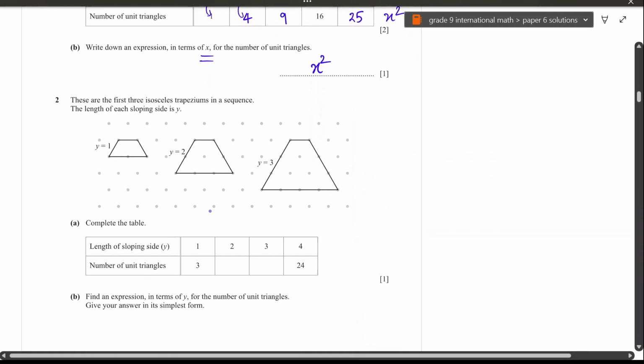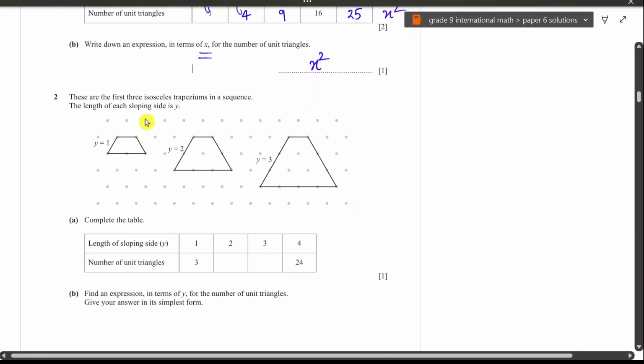Now the next question: the first 3 isosceles trapeziums in a sequence. The length of each sloping side is y. So this is talking in terms of the slanting length of this trapezium. Here it is y equal to 1, y equal to 2, y equal to 3.